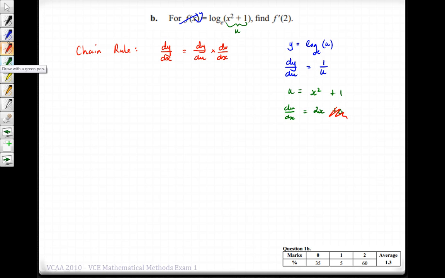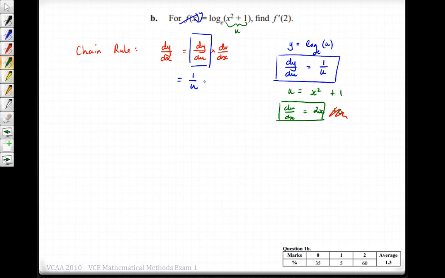Coming back to our chain rule up here, we take dy du and sub it into here. So that equals 1 on u, and then we multiply that by du dx, the inner function, so we multiply that by 2x.